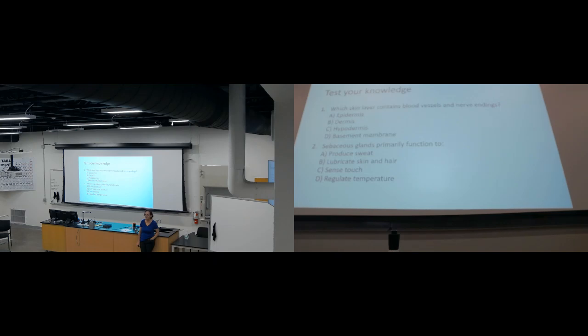Basement membrane doesn't have blood vessels. So if it's not basement membrane, if it's not epidermis, and if it's not hypodermis, what is it? Mm-hmm. I said that. She did say that. Okay.